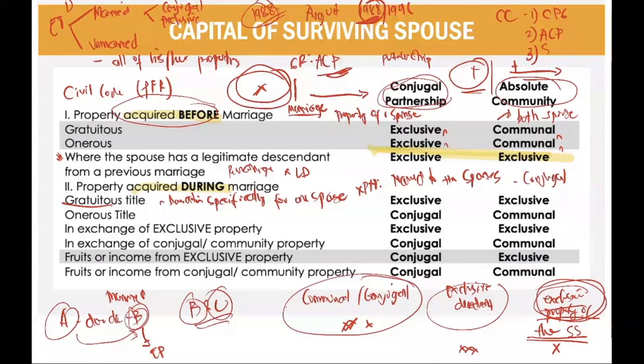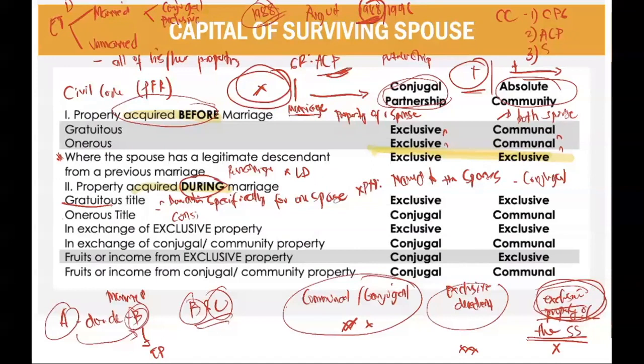Next, onerous title. Since this was already acquired during the marriage, and by onerous title, meaning by a consideration, the consideration is generally from your conjugal or communal properties. Okay?